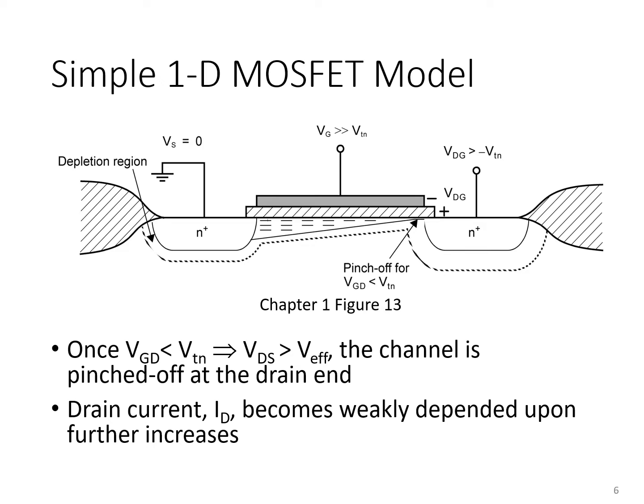At this point, further changes in the drain source voltage have little impact on the drain current as long as this saturation or active mode condition is maintained. So the drain current indeed becomes weakly dependent on further changes in the drain voltage.